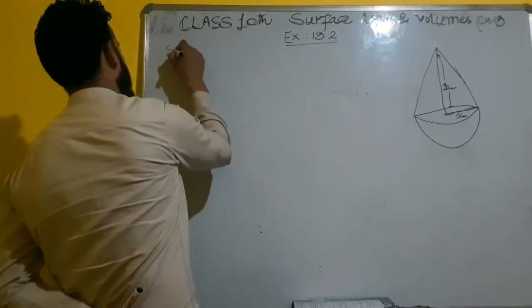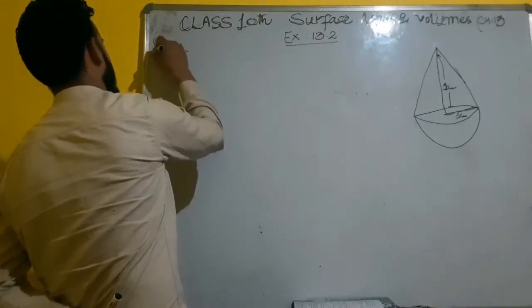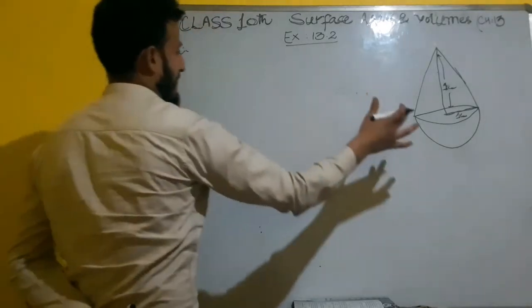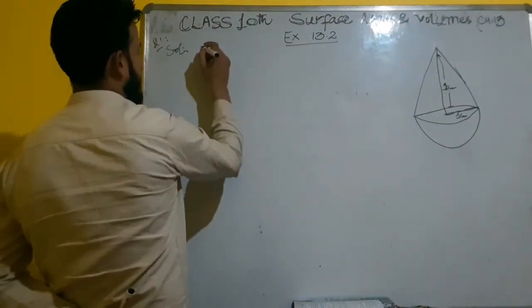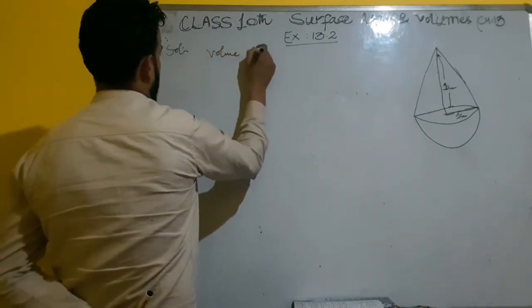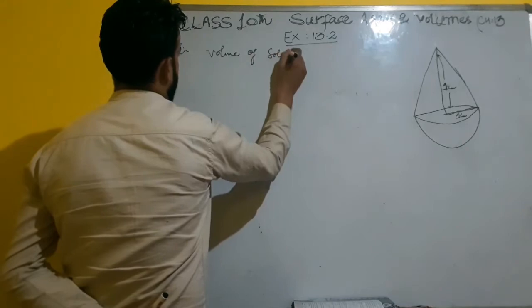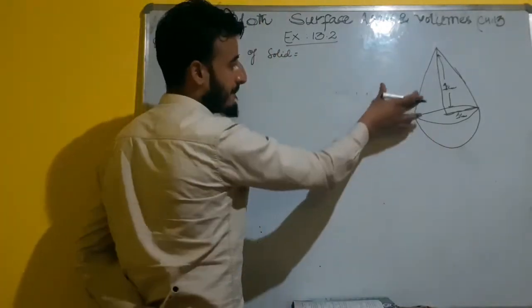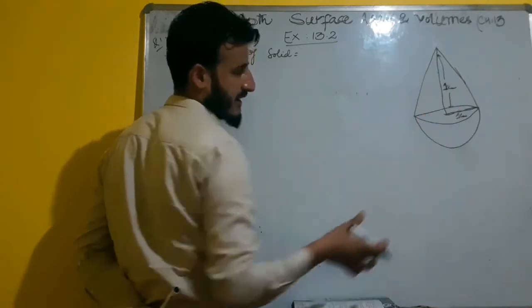So solution, and this is question number 1. In the solution, the volume of the solid will be equal to, the solid is made of a combination of the cone and the hemisphere.